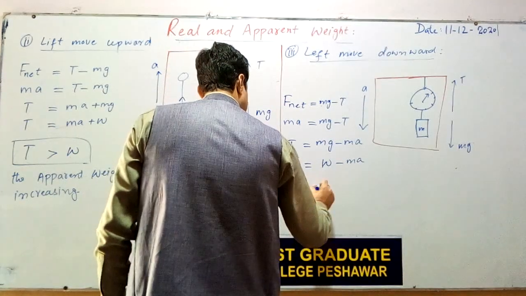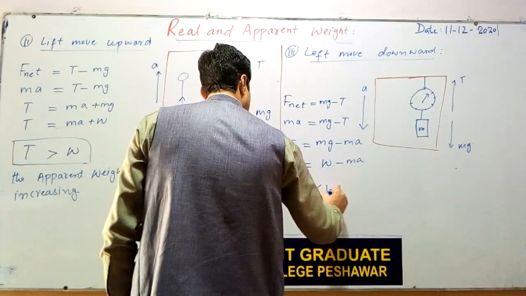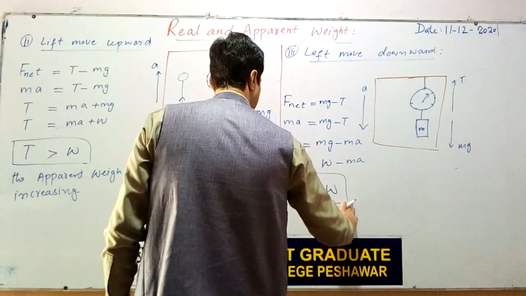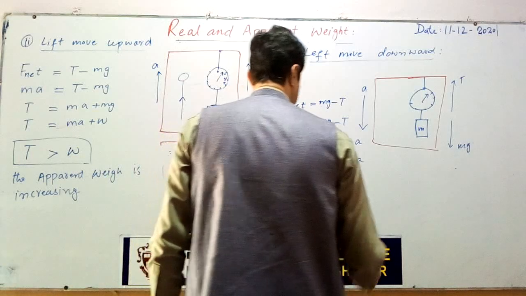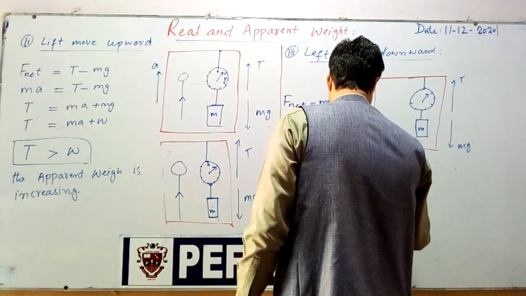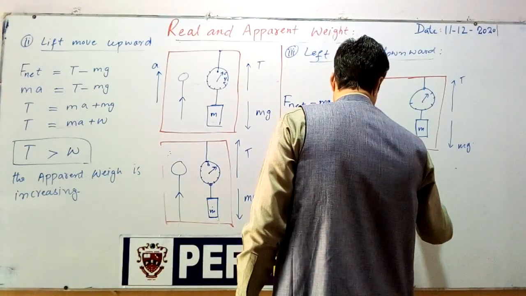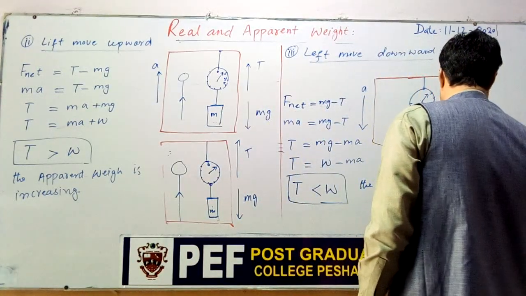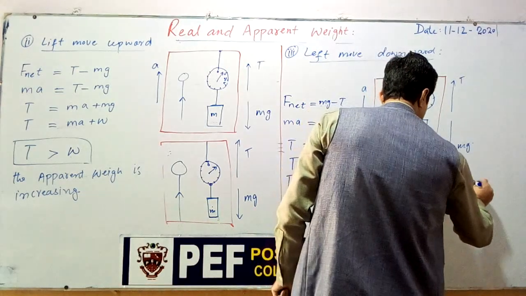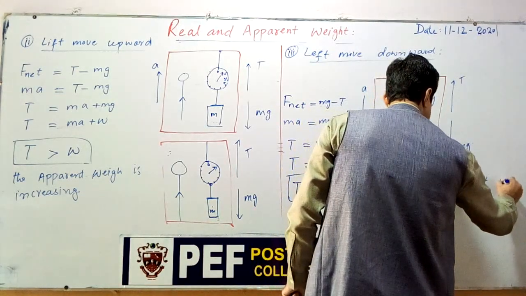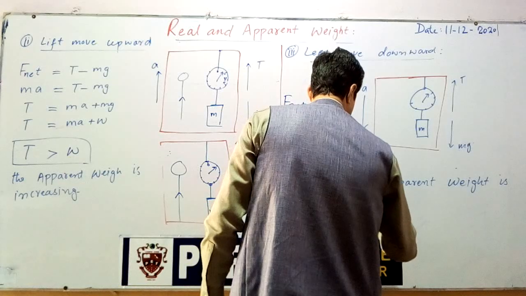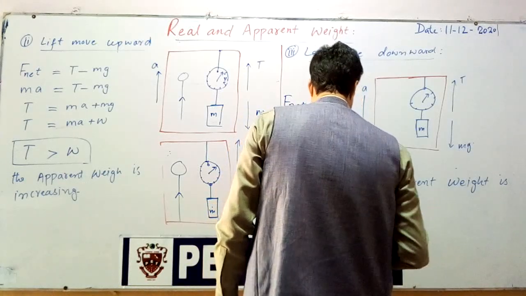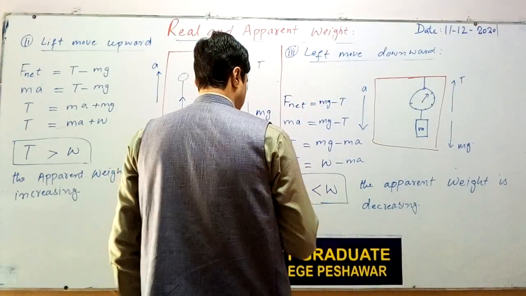So we can say that T is less than W. This equation shows that the apparent weight is decreasing, because the real weight is greater than the apparent weight.